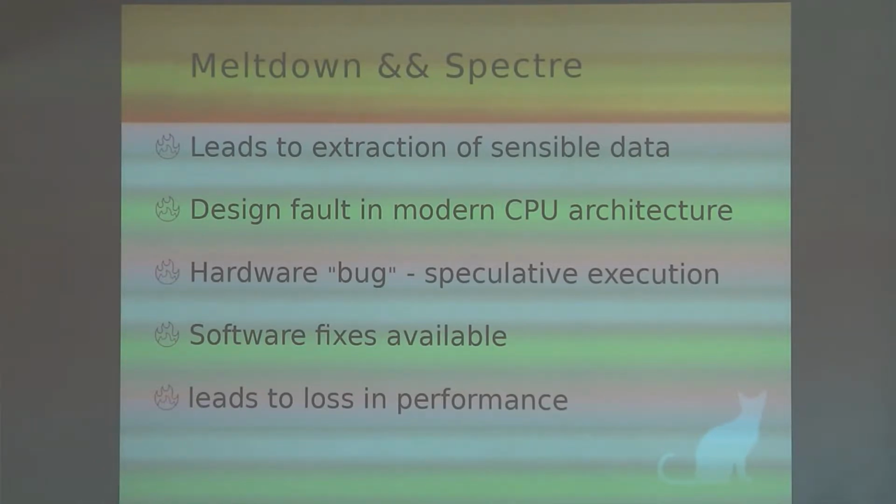There are software fixes available for this. Some are not so easy to do, because they're micro patches for the CPU architecture, which get applied on boot, and they need to be applied at every start of the computer. But normally your operating system does it for you on Windows, and it leads to loss in performance.